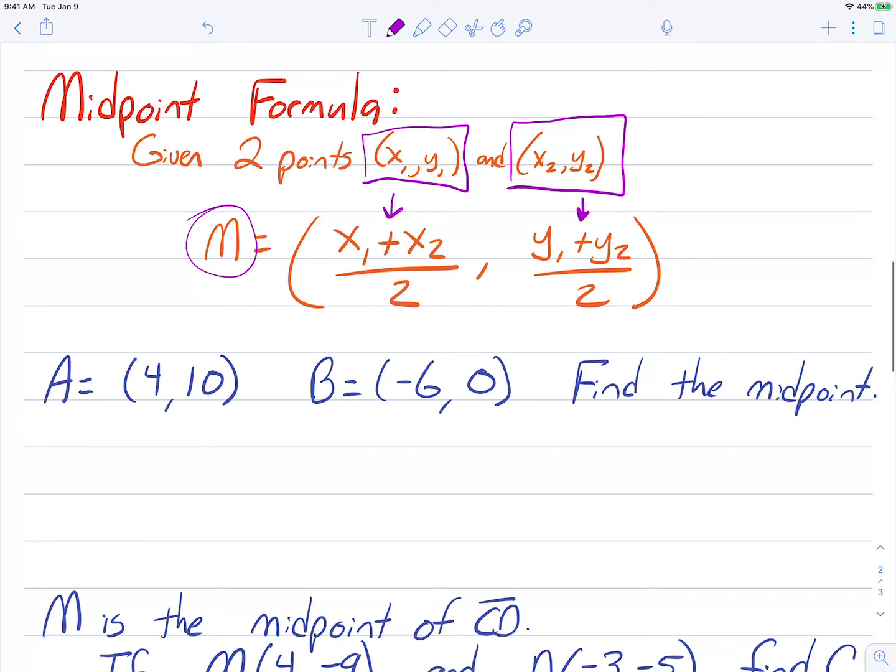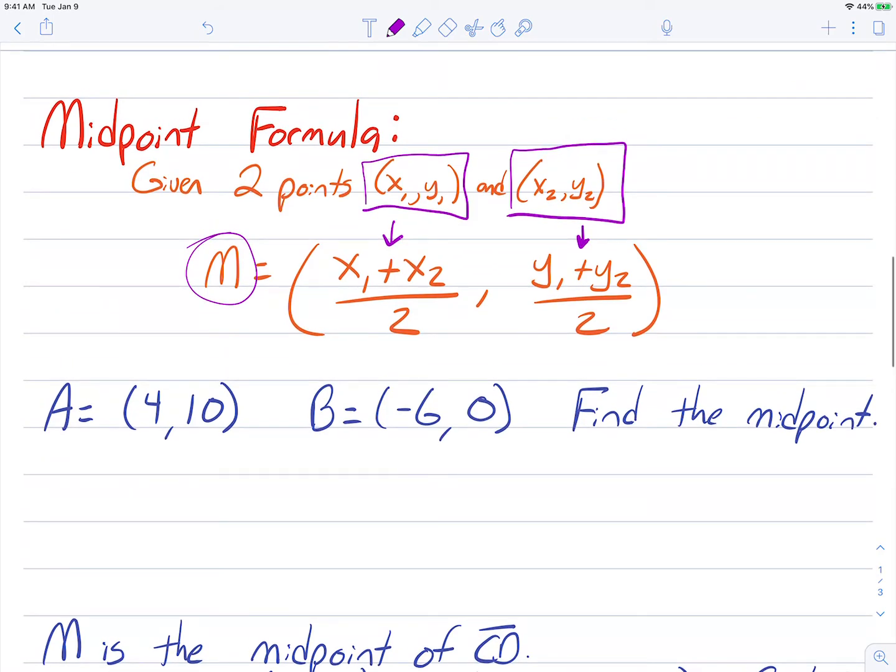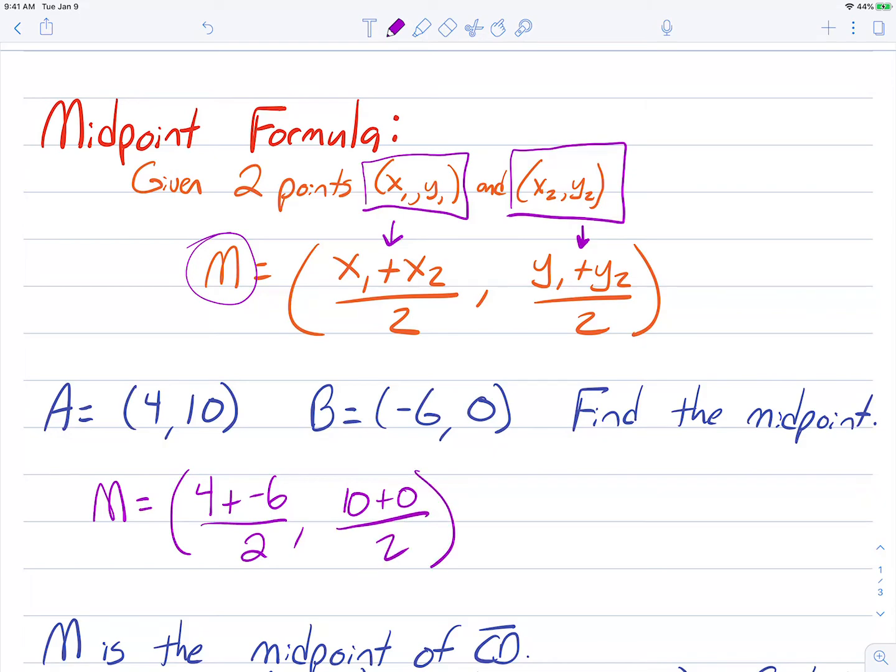So let's just say I was given the points 4, 10 and -6, 0. And I wanted to find the point that is in between those two, exactly in the middle. So for the midpoint, I'm going to add the x's, so 4 plus -6, divided by 2, and 10 plus 0 divided by 2.